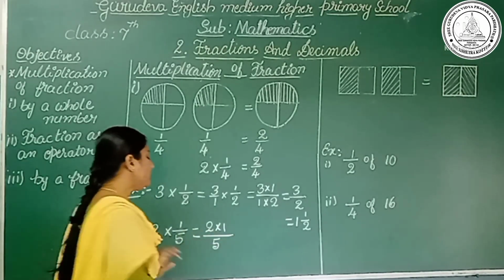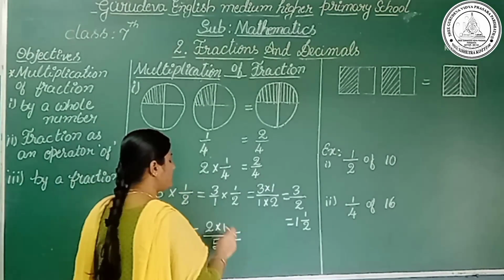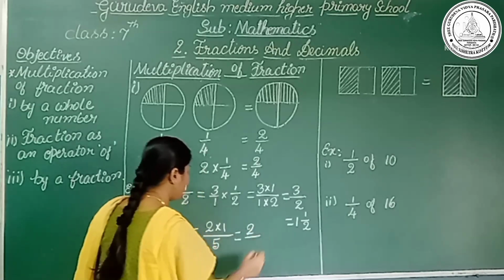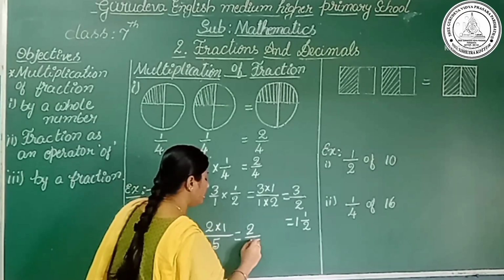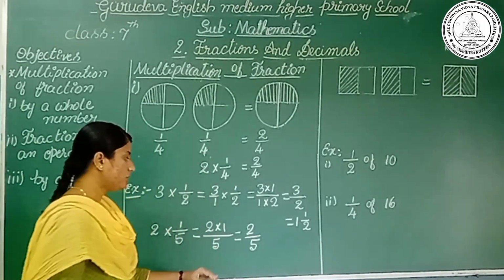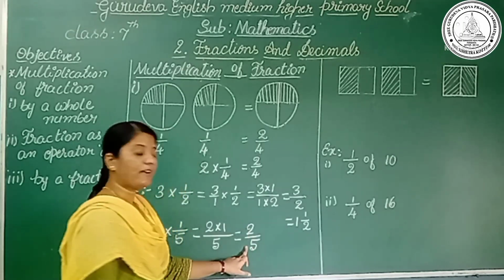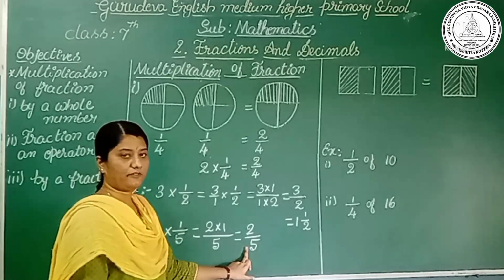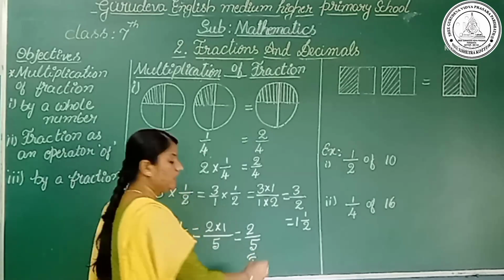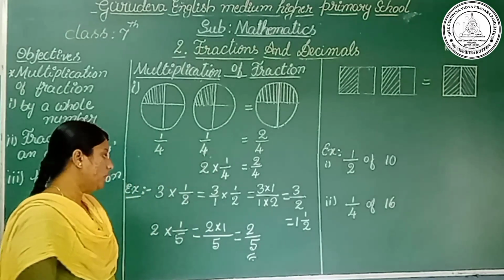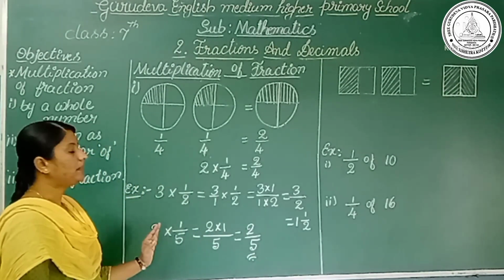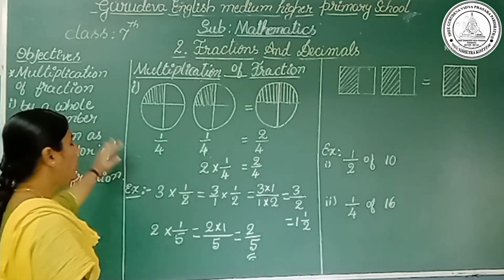Clear? Then 2 ones are 2, divided by 5. You may see here that 2 by 5 is a proper fraction and there is no need to convert it into a mixed fraction. So that is multiplication of a fraction by a whole number.